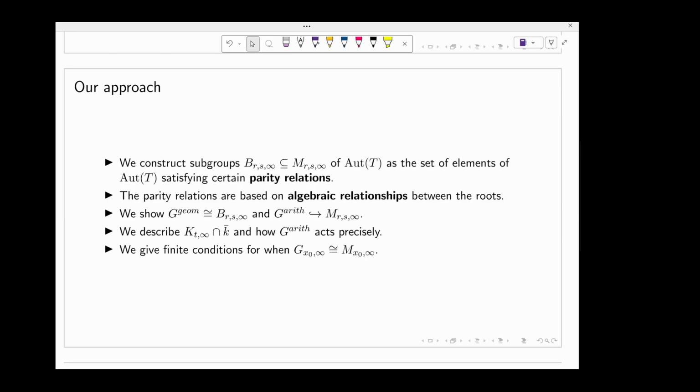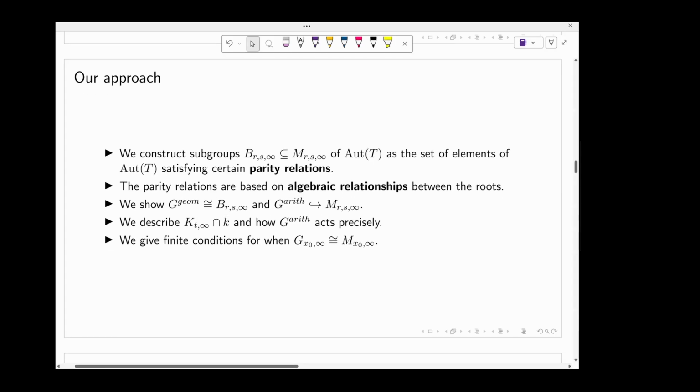We also describe exactly what this algebraic extension of little k that we get looks like, and how G-arith acts on these elements. And we give some finite conditions for when we take the preimages from a specific base point in our field, when that Galois group will be isomorphic to M.